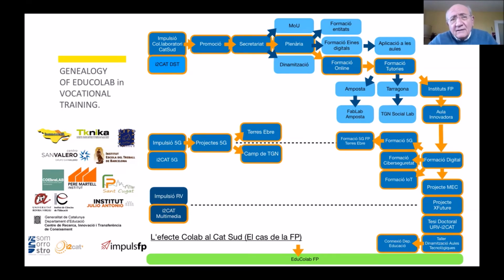We discovered there was a lot of demand for digital specialists not covered by the professional and educational institutions. And we began to work with vocational training, trying to transfer digital knowledge from the I2Cat Foundation to secondary and vocational training schools. Very important, because universities are in the main cities, but vocational training schools are around the region.